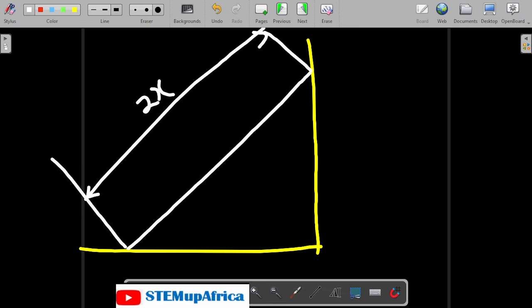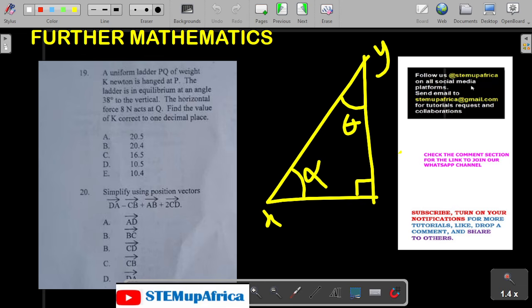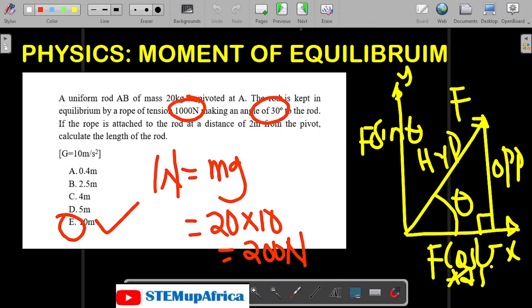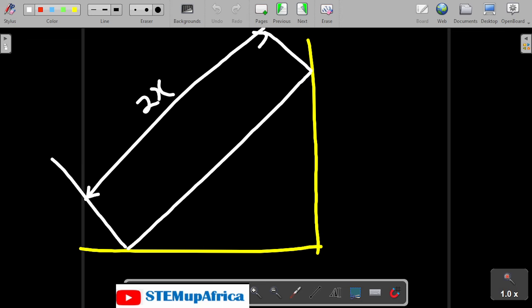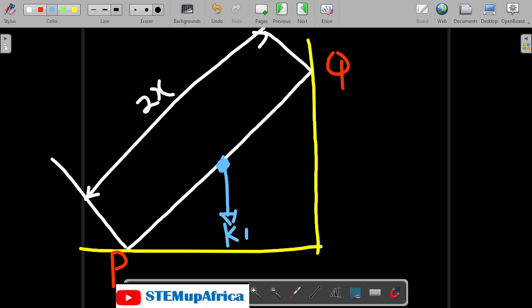The ladder is labeled PQ. Here is point P and here is point Q. The weight of the ladder will be at the center of the ladder, so let's call the weight K Newton.